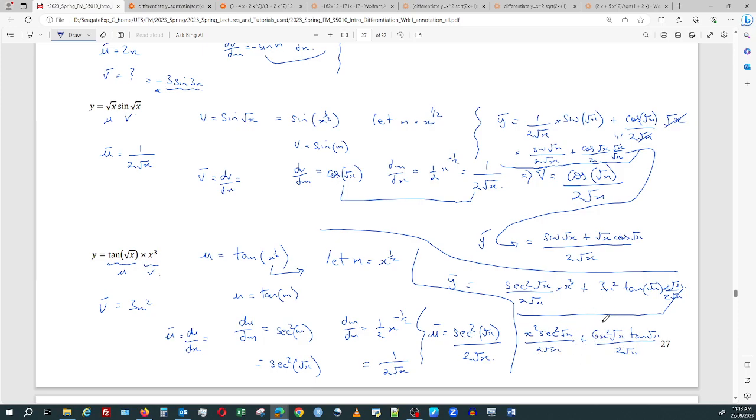We can put them all together then. And it's x cubed sec squared root x plus 6x squared root x tan root x, all over 2 root x.